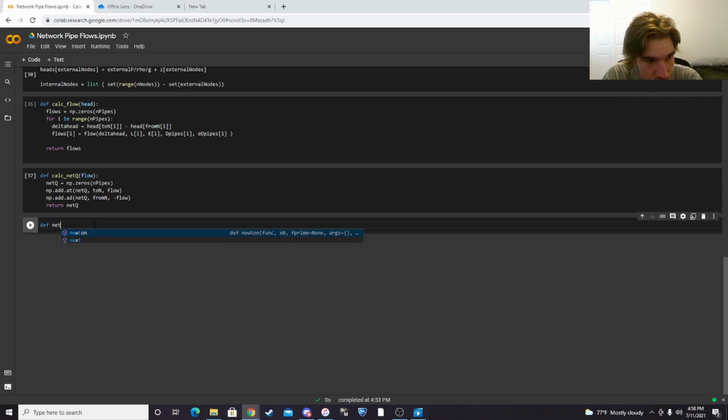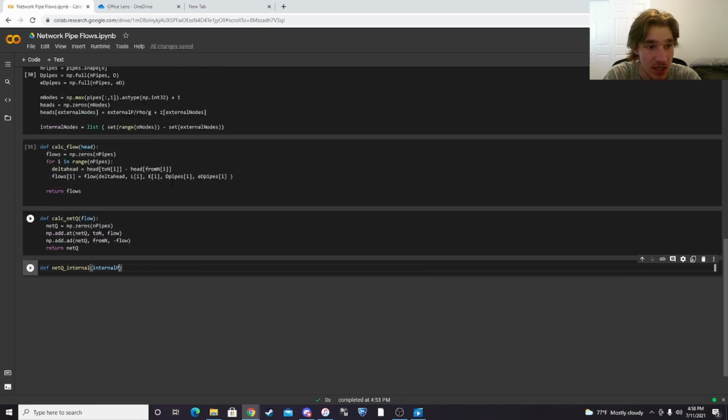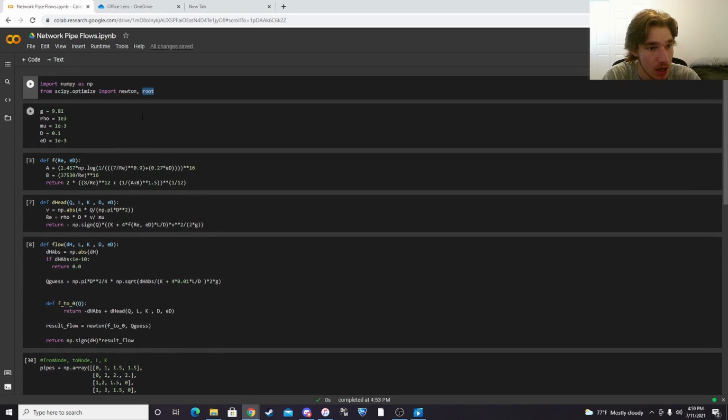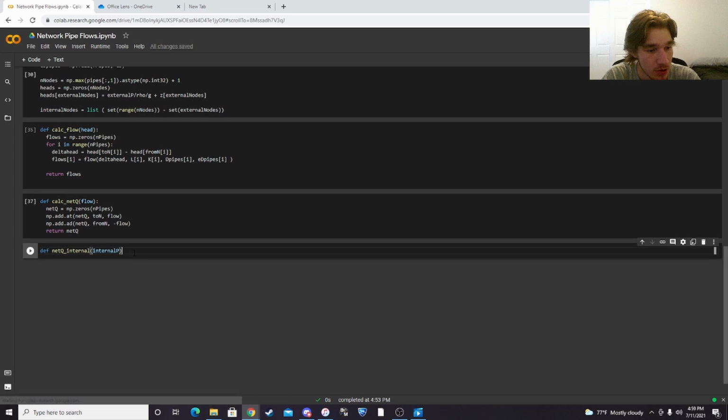And so we'll do netq of internal, given internal pressures, because we know that all of these have to be 0. We're going to use the root function for Newton, which I have imported. We're going to be using that to be able to get the root to where we can then find the internal pressures of each of the nodes.